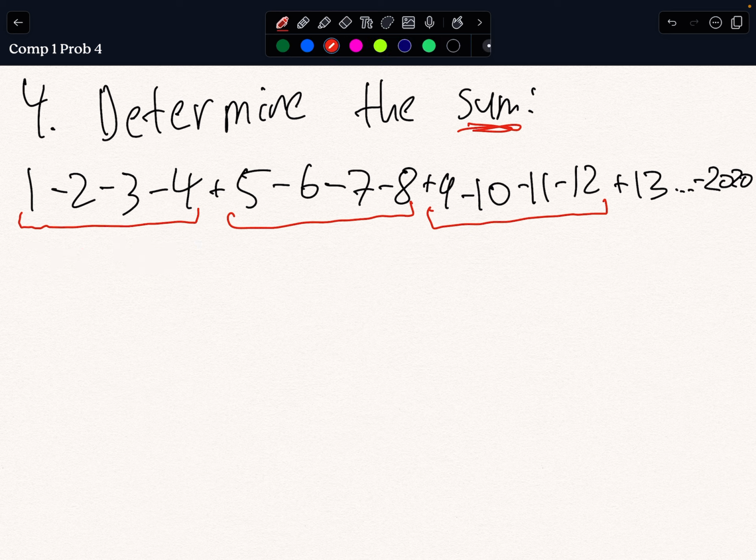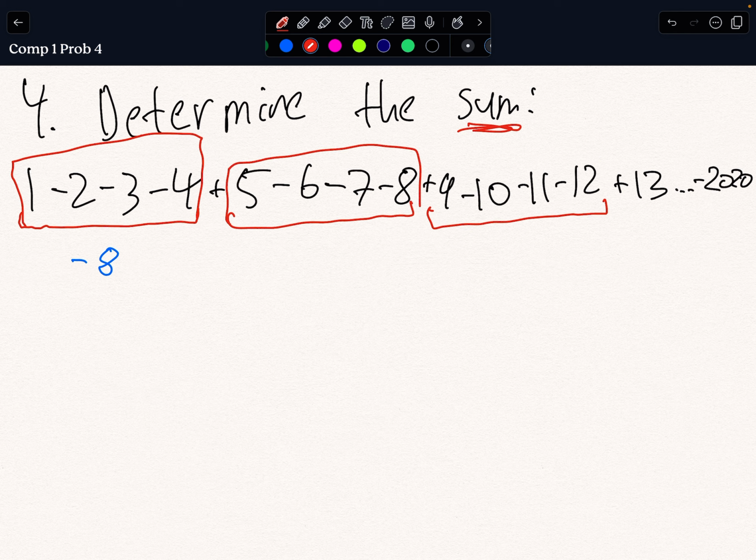So looking at this pattern, I'm going to focus on one of these quote unquote boxes at a time and see what they give me. For example, here, 1 minus 2 minus 3 minus 4 is going to give me negative 8. What about this second box right here? This is going to give me negative 16.